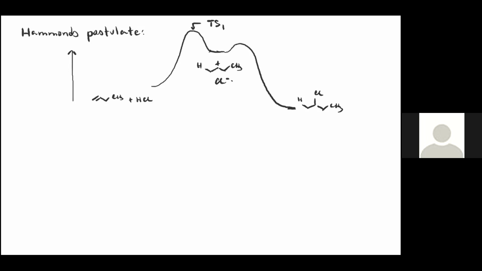And so if I wanted to put this in more formal terms, the way it's typically written is we say a reaction, if it is endothermic, if I'm going uphill in energy, we say that these have late transition states.